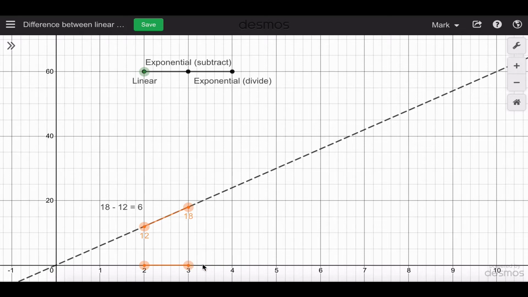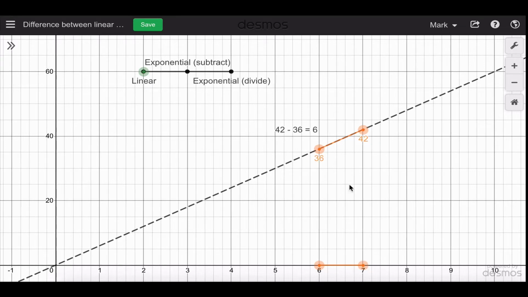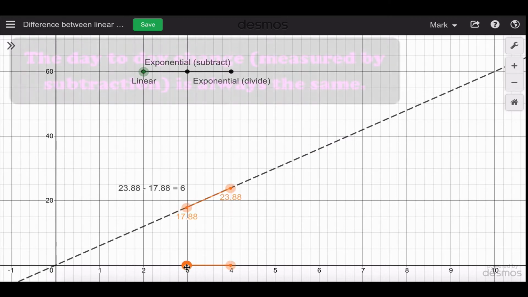I can see that when I drag this slider back and forth, for example, to look at between days 6 and 7. On day 6, I've biked a total of 36 miles. On day 7, I've biked a total of 42 miles. The difference between those two numbers is 6. And that's true no matter how I move this slider back and forth.